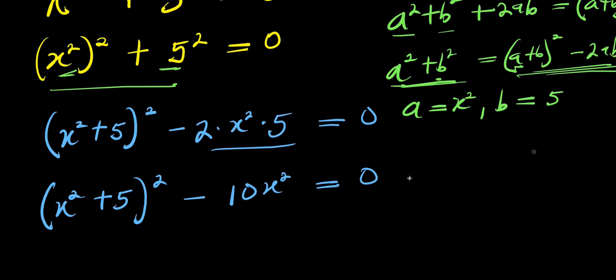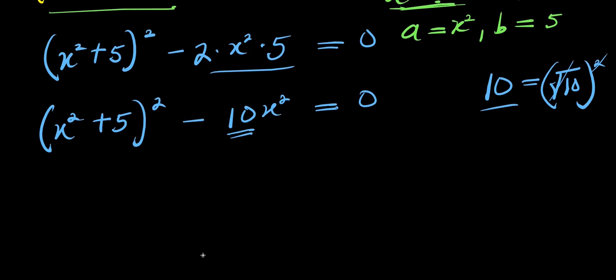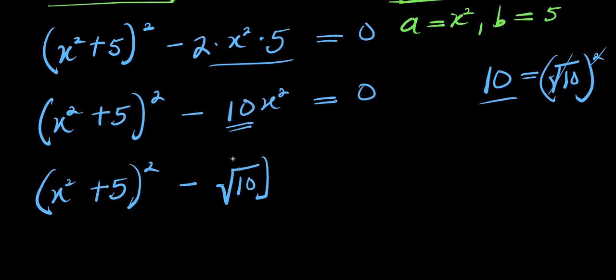Now, there's 10 here. I can decide to express 10 as square root of 10 raised to the power of 2, because this eliminates this, I have 10 again. So I will simply have x squared plus 5 power 2 minus square root of 10 power 2 x squared power 2.